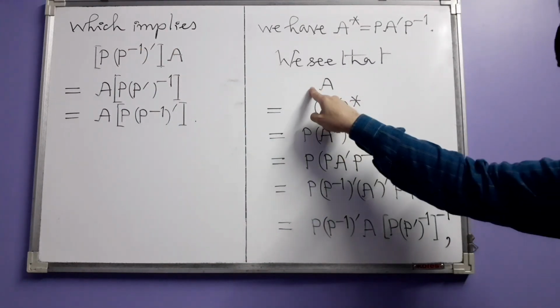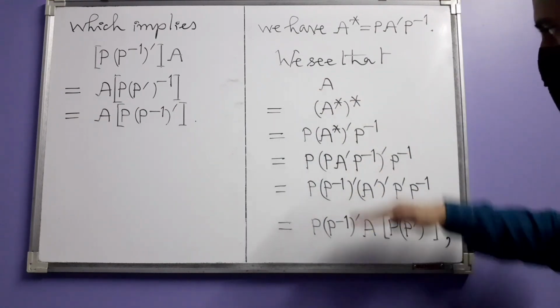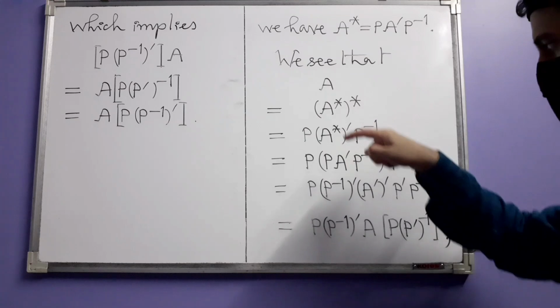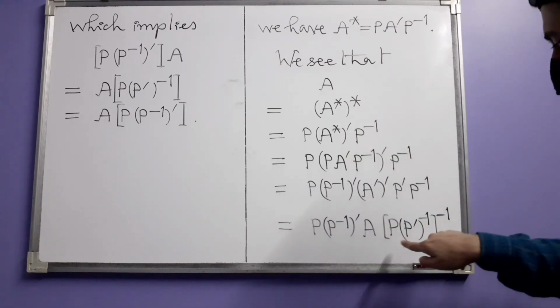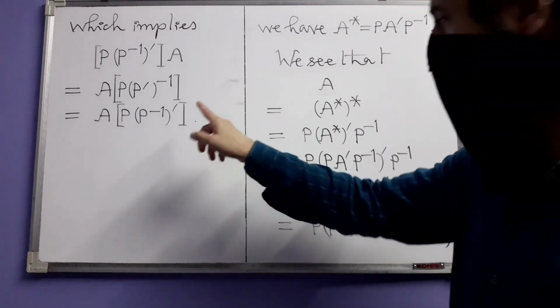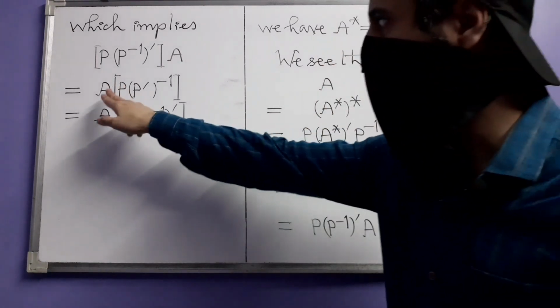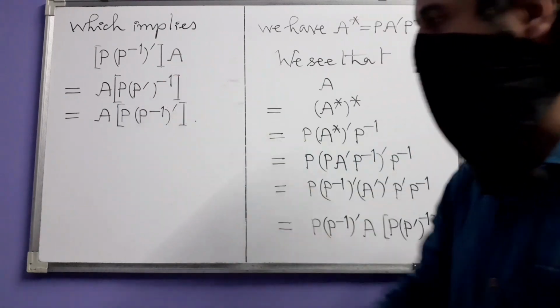And what will happen on this side? What have we done just now? We have multiplied both sides of this equation from the right by this P times P transpose inverse. So that you will do on this side also, A times that, A times P transpose inverse.